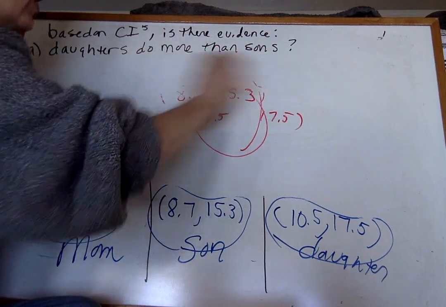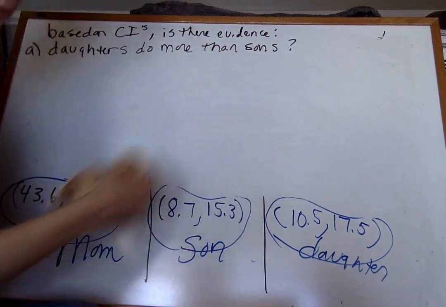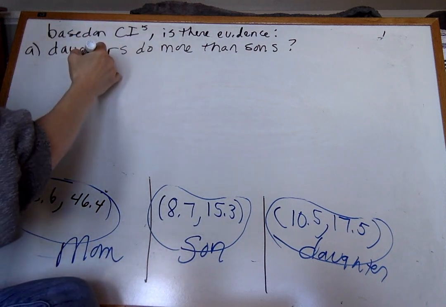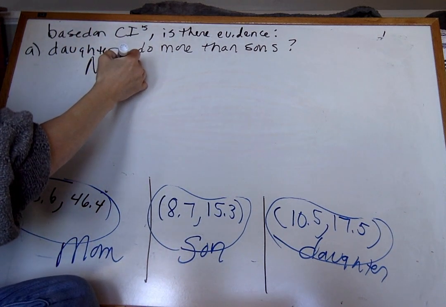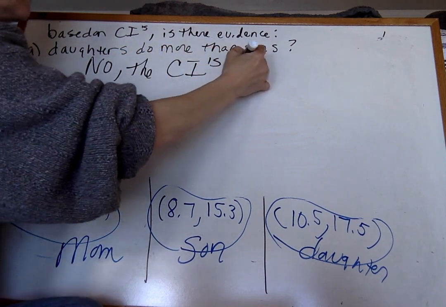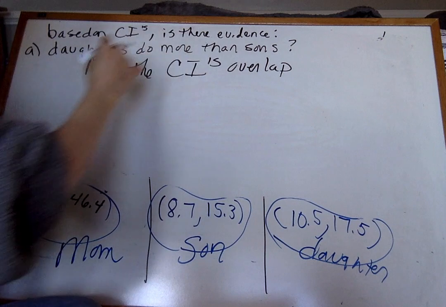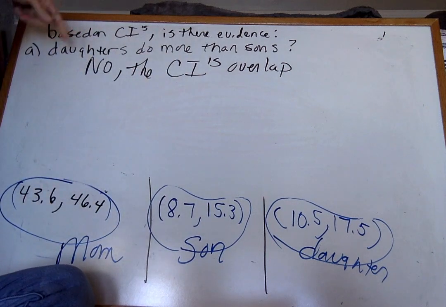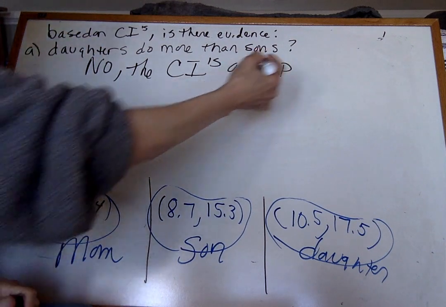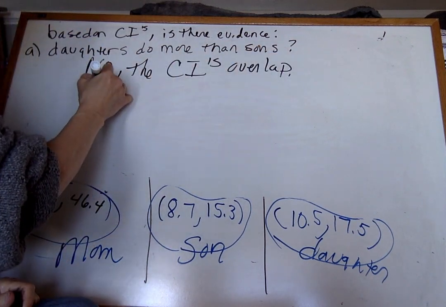So when your confidence intervals overlap, that's actually the quickest answer. All you have to say is no. There's not evidence the daughters do more than sons, because that was the question. No, because the confidence intervals overlap. We cannot tell a difference.